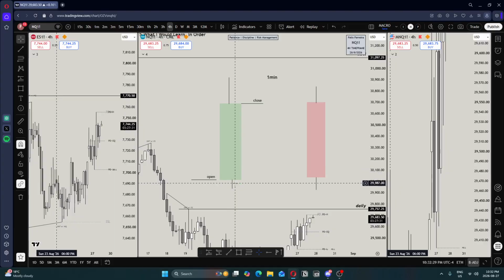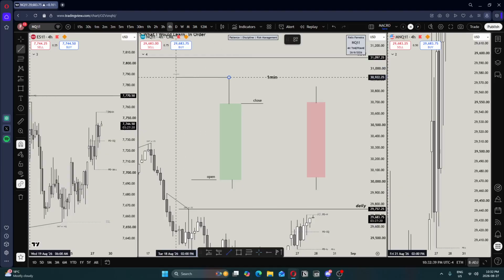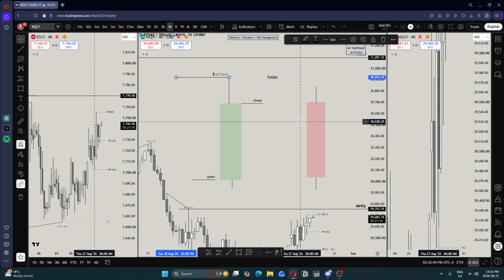These on the tops and bottoms are called wicks. Almost every single candle will always have wicks. The wick is the highest and lowest point that price moved in this period of time.